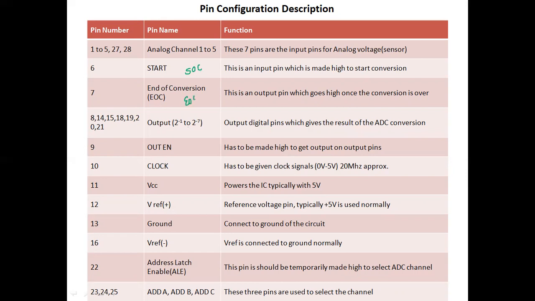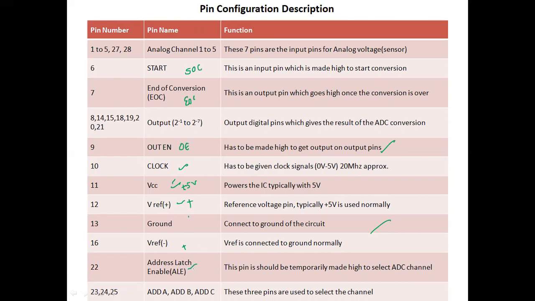D0 to D7 are the output pins where we can collect the digital output. OE is the output enable pin; if it is made high, we get the output on the output pins, or else we will not get it. Next is the clock, which is used for synchronizing the timing. VCC is the plus 5 volts power supply, and V reference positive is the reference voltage, while the negative one is connected to ground.